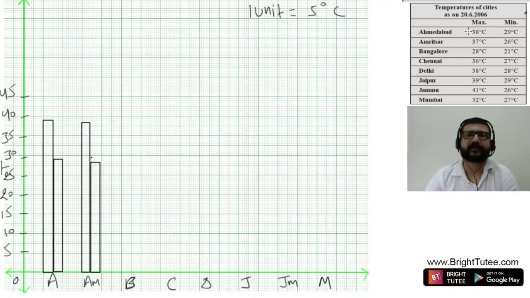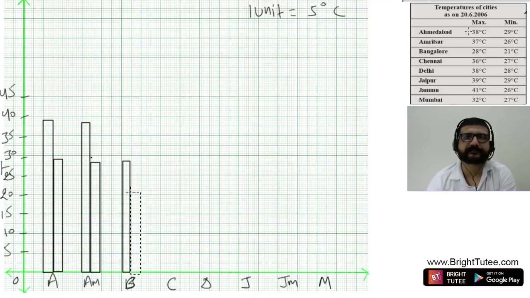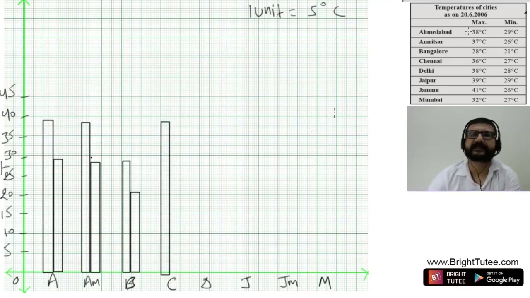And then we have Bangalore. The maximum was 28 and the minimum is 21. So for the maximum, we will get the bar as this. And the minimum is 21. So it will be like this. And for Chennai, we are having 36 degrees Celsius. So it will be like this.